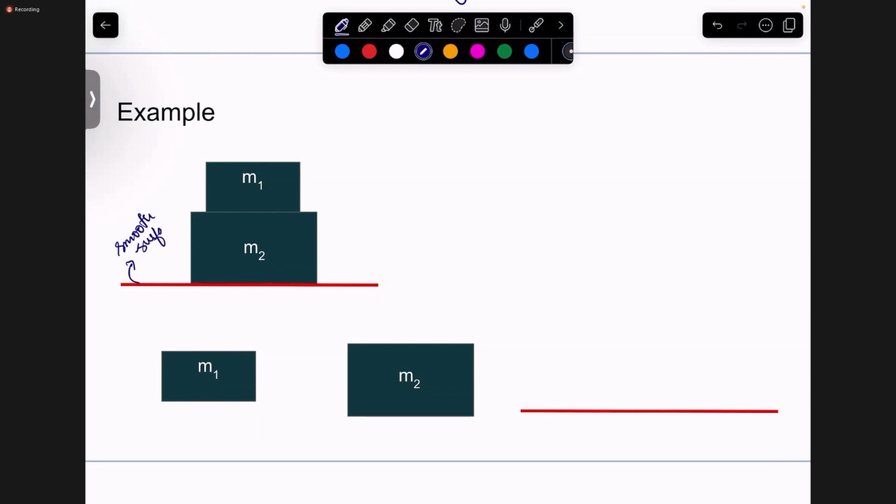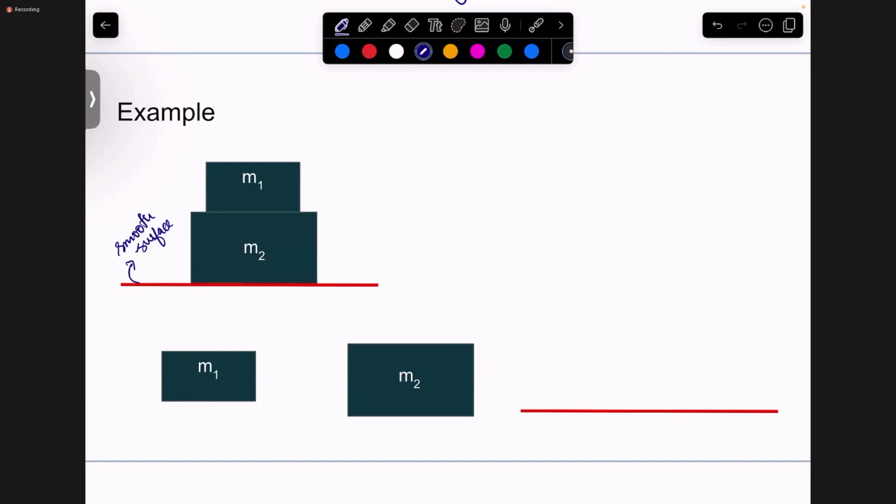Above that surface there is a block of mass m2, and above that block there is a block of mass m1, and these are in a state of rest, right? So M1 is in a state of rest, M2 is in a state of rest, and the surface is also in a state of rest. So let's see intuitively what forces are acting here.